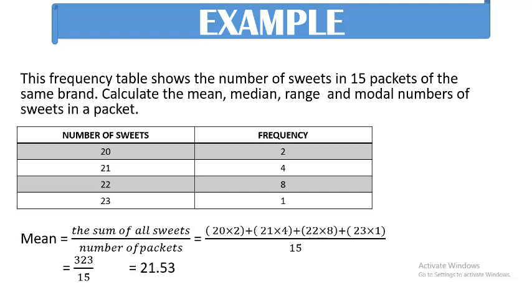If we do the calculation, we find that the sum of all sweets is 323, divided by the number of packets. So we add 2 plus 4 plus 8 plus 1, and the answer is 15. If we divide 323 by 15, the answer is 21.53. So that is the mean of this particular data.